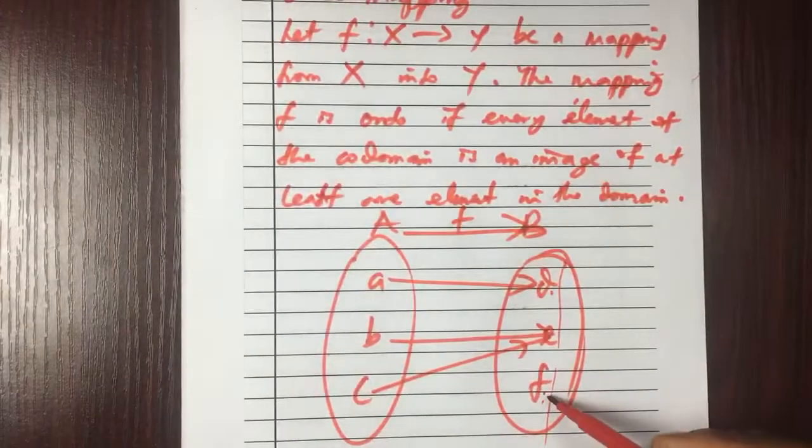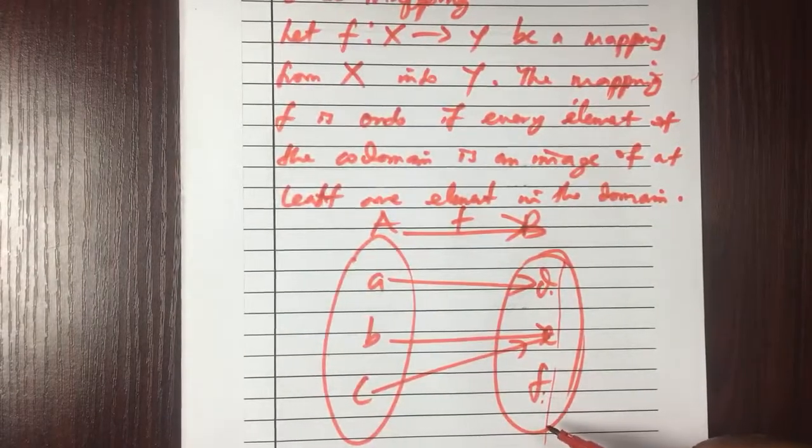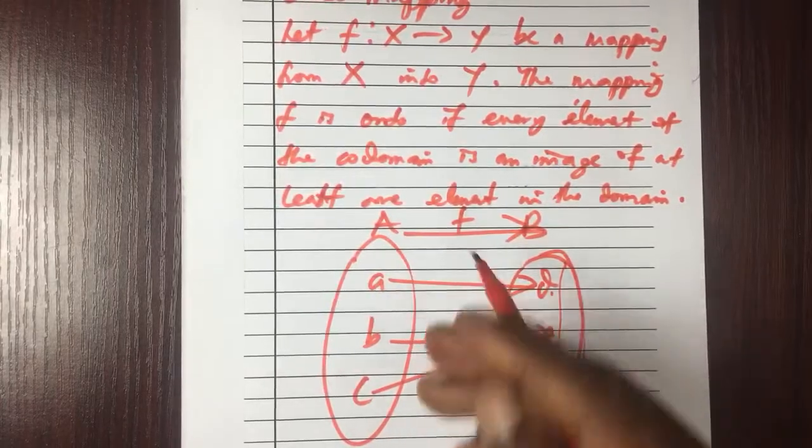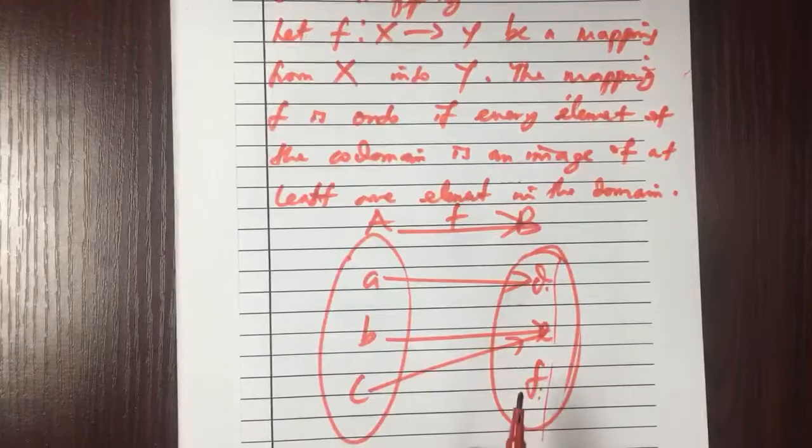But because F, an element in the codomain, is not an image of an element in the domain, this mapping is not onto. So remember, for a mapping to be onto, every element in the codomain must be an image of at least one element in the domain.